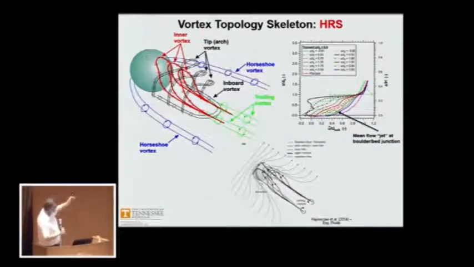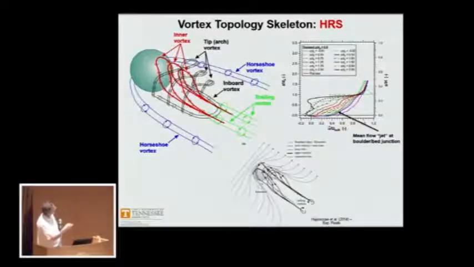And you do have a jet forming right here as the flow rushes through. And the tilting of that red vortex here, the inner vortex, can change depending obviously on the differential shear, how strong that shear is or how weak it is.